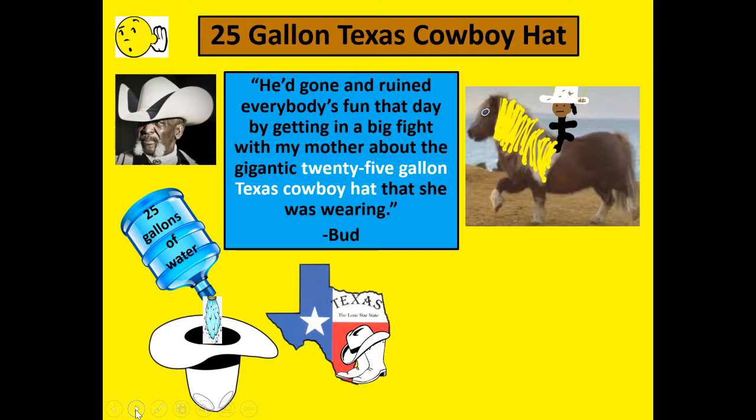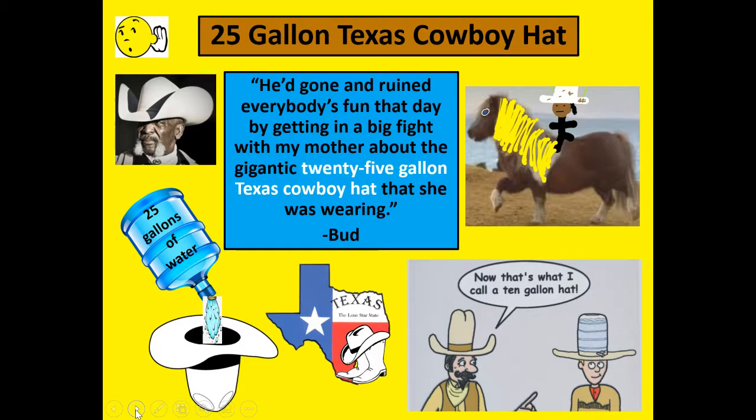And here's the state of Texas, where they wear a lot of cowboy hats. And here is a cartoon that says, now that's what I call a 10-gallon hat. So there's literally a water jug on top of the hat. Usually you say 10-gallon hat. So that's why I said this was a hyperbole, because Bud said 25-gallon hat. So that's an exaggeration.